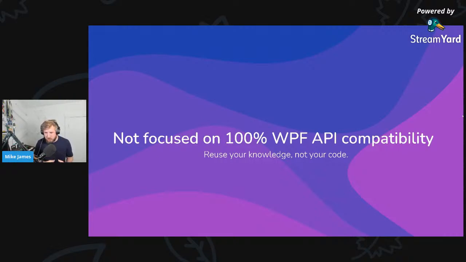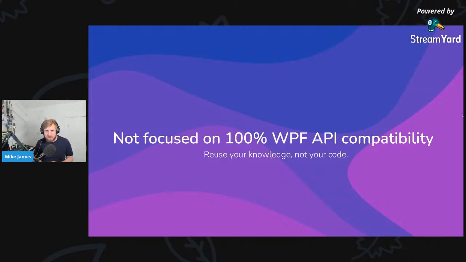You can absolutely bring a lot of your code over with some kind of massaging and tweaking. Porting is actually pretty easy for the most part, but it's not a solution for copying and pasting your project, or as I say, it's not focused on 100% API compatibility.